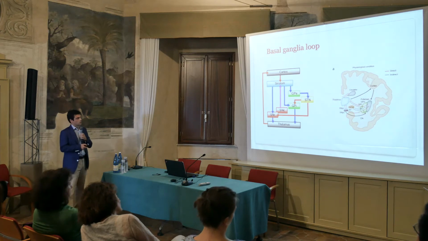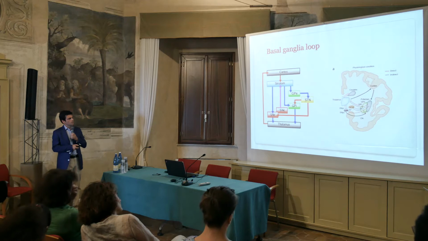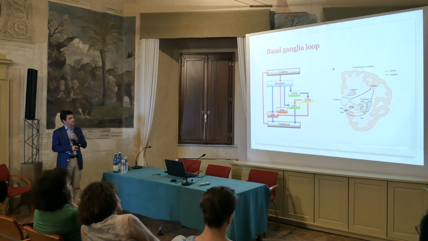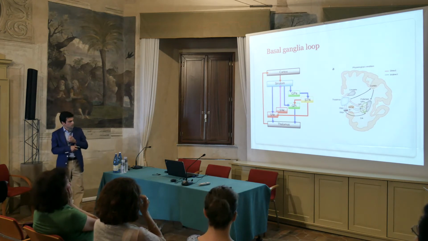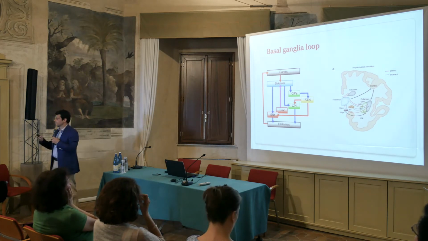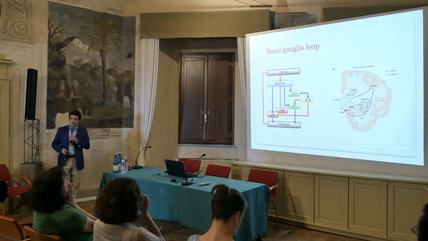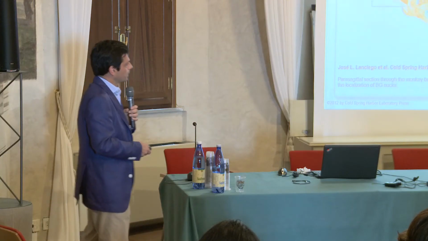So the cortex is connected to the striatum and gives rise to the two pathways, as I said, the direct pathway to the GPI or through the GPE and STN. Then they go again to the substantia nigra. These are, of course, inhibitory pathways that go to the thalamus and then the thalamus to the cortex. This is just a brief overview, and we will go through it very soon.